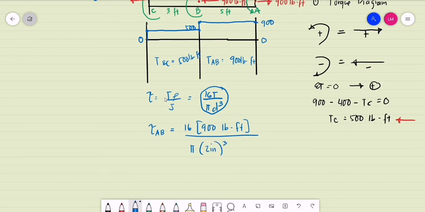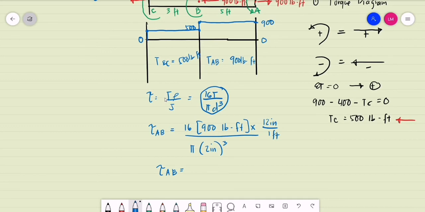So to be consistent with the units, we are to convert this to feet. So we are to multiply 12 inches is to 1 foot. So what is the value of the shearing stress for segment AB? That is the same as 16 times 900 multiplied by 12 divided by pi multiplied by 2 raised to 3.